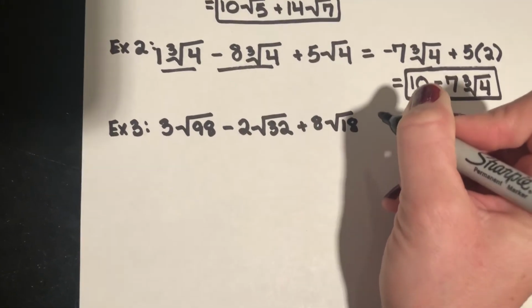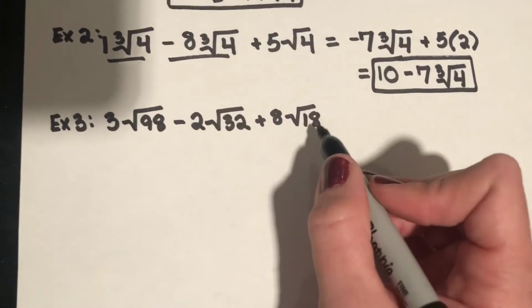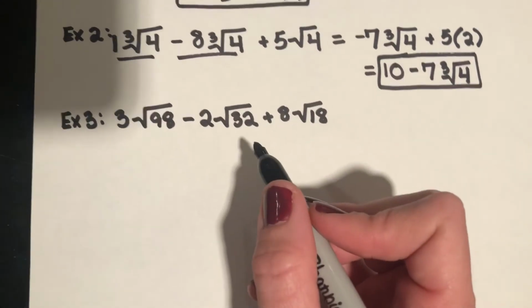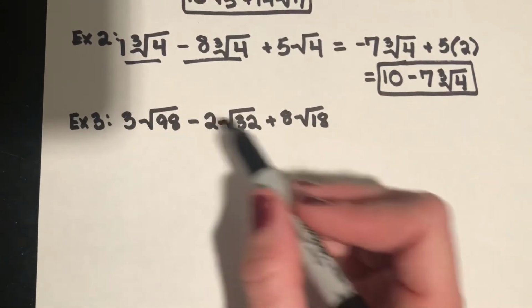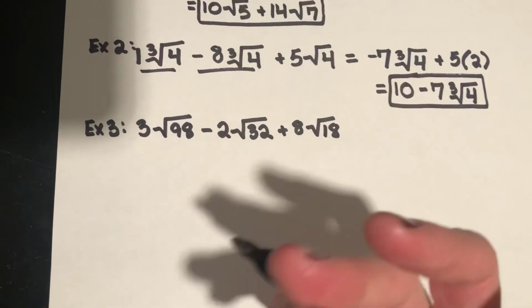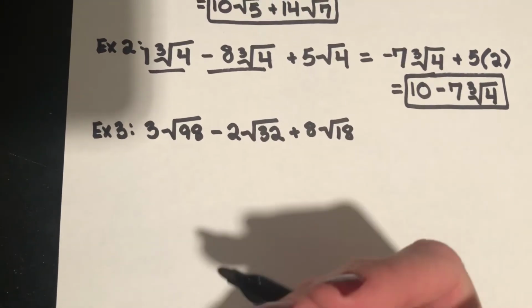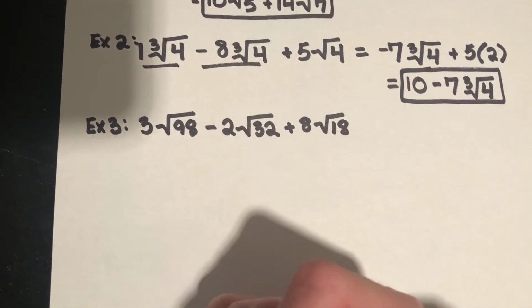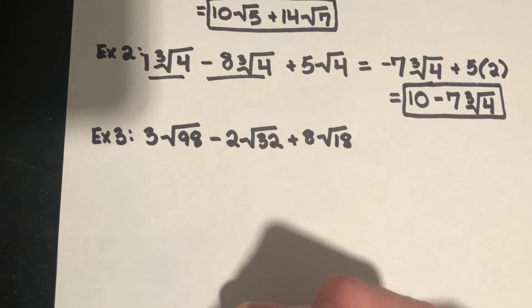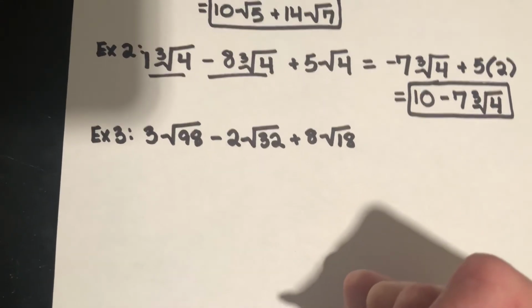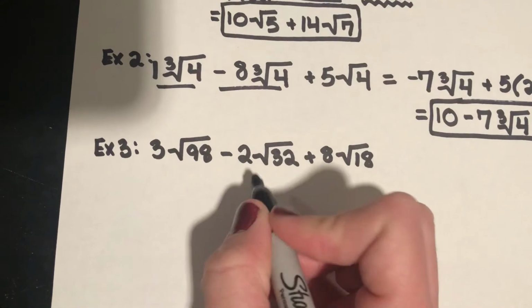Now, when you are working with numbers, and these are all square roots, if none of them are identical, you're going to have to simplify first and get the radicands to be identical. So let's break these apart.